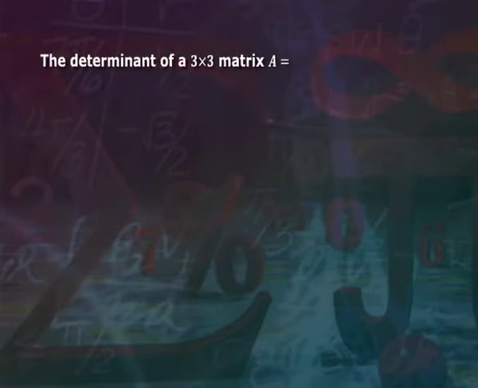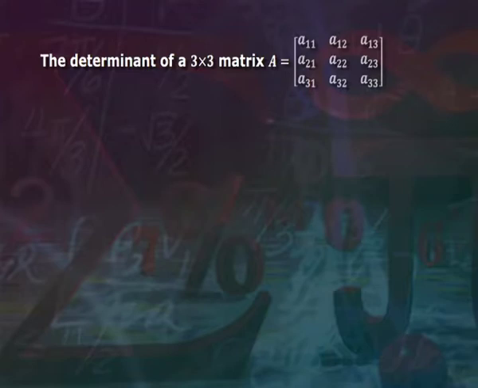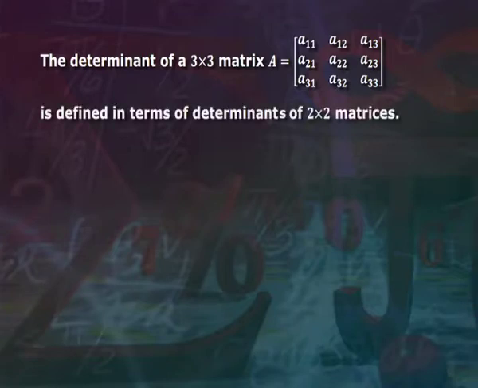The determinant of a 3 by 3 matrix A equal to [a11, a12, a13; a21, a22, a23; a31, a32, a33] is defined in terms of determinants of 2 by 2 matrices.